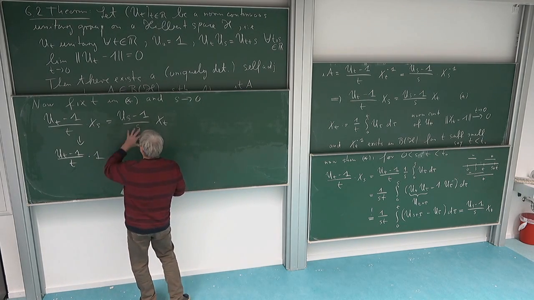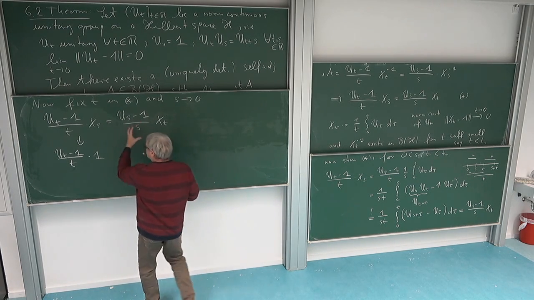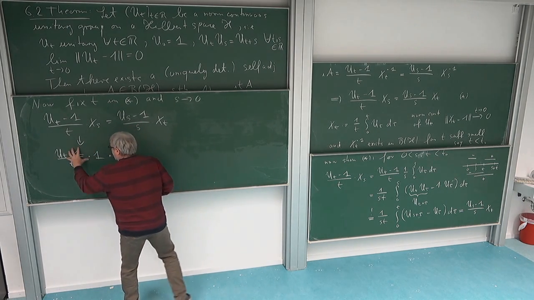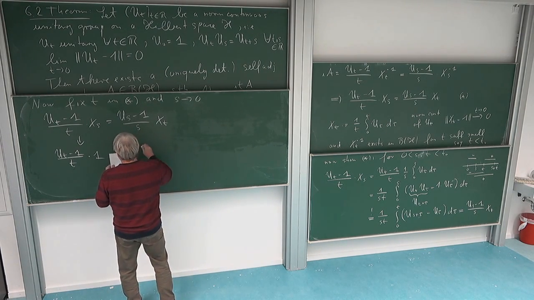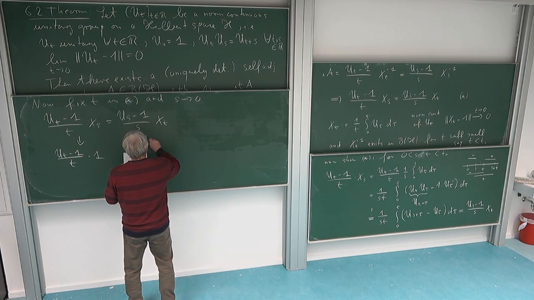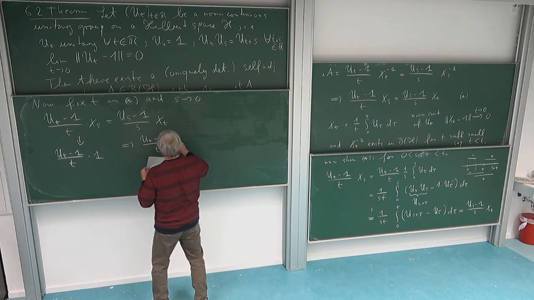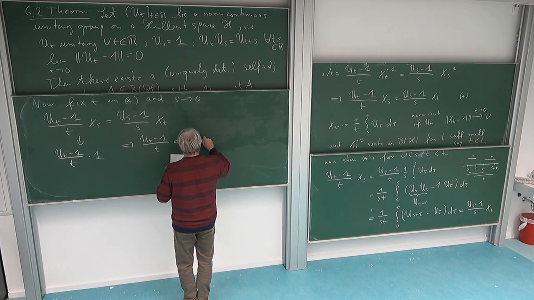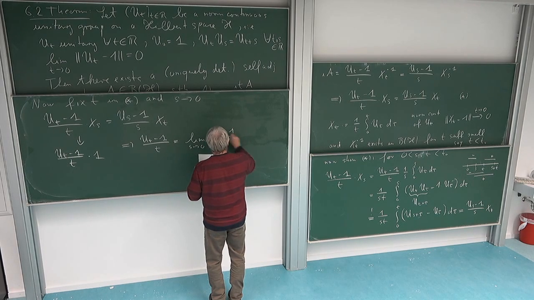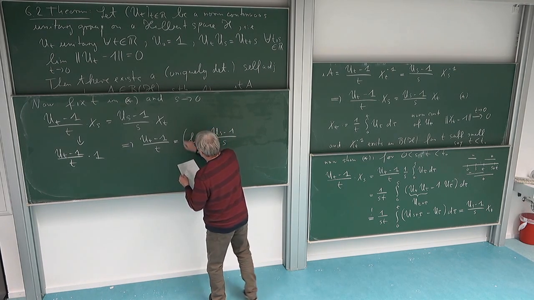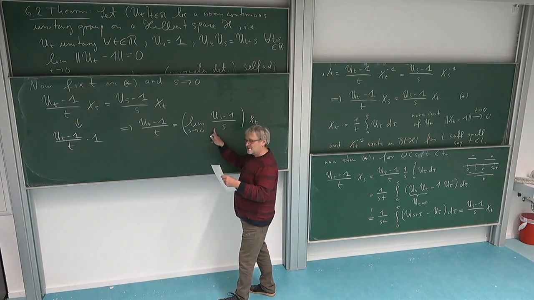This side has a limit, so this side must have a limit, which means that this guy here has a limit, and this limit is exactly given by this side times the inverse of this. So ut minus 1 divided by t, the limit on this side must be the same as the limit on the other side, where s goes to 0, of us minus 1 divided by s multiplied with xt. So in particular it shows me that this limit exists.